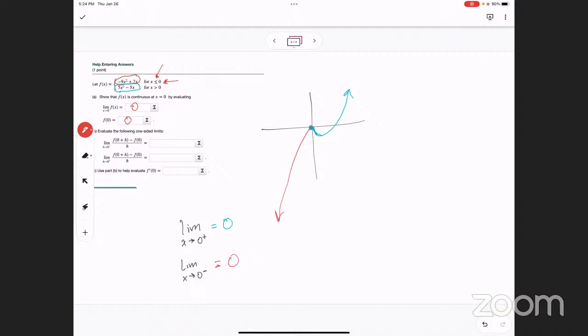Say that it's like the limit as x goes to -2. Would you then plug in -2 to both of those equations and see if they're the same? Let me think about this. Ask me that one more time. So say instead of the limit as x goes to 0, it's the limit as x goes to -2.